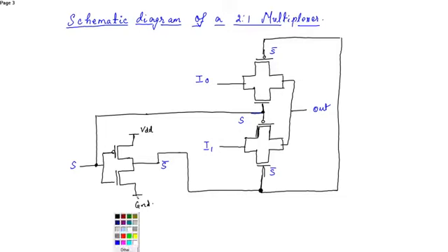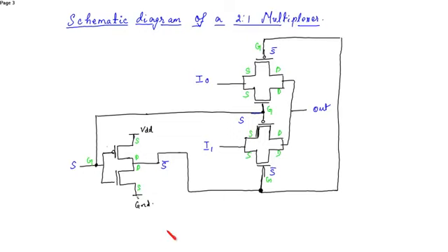We already know the various terminals. This is the gate terminal, and these are the source terminals, source and source, drain and drain, source, drain, this is source, drain, and source.